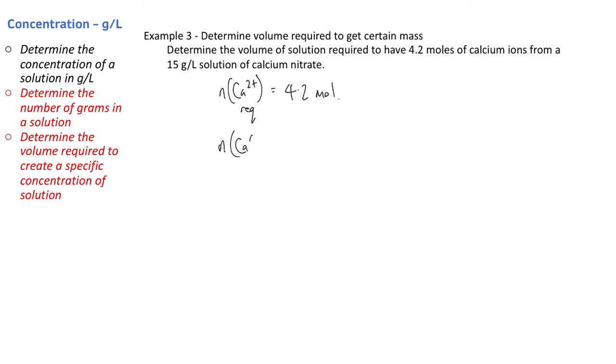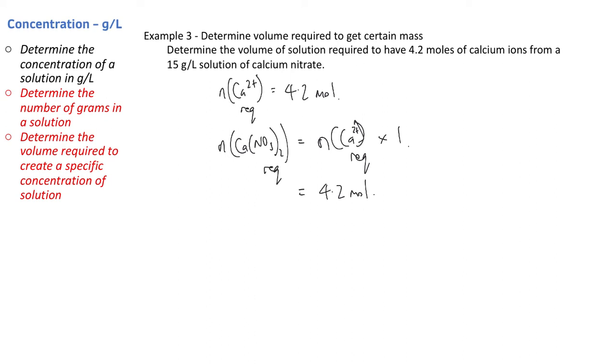The relationship between the number of moles of calcium nitrate and the number of moles of calcium will be 1:1, so we're timesing that by 1. So we need 4.2 moles of calcium nitrate, because we have a calcium nitrate solution. That's why we have to do things in calcium nitrate.